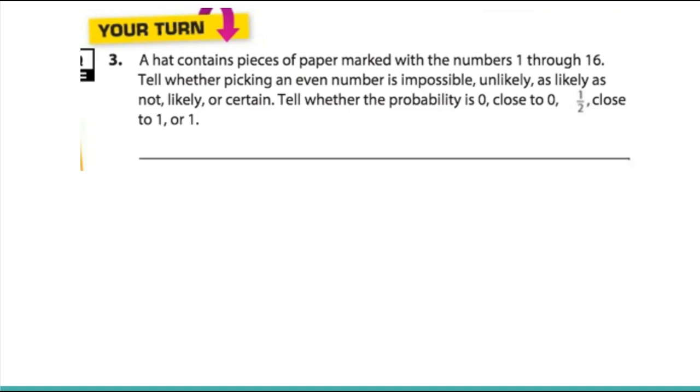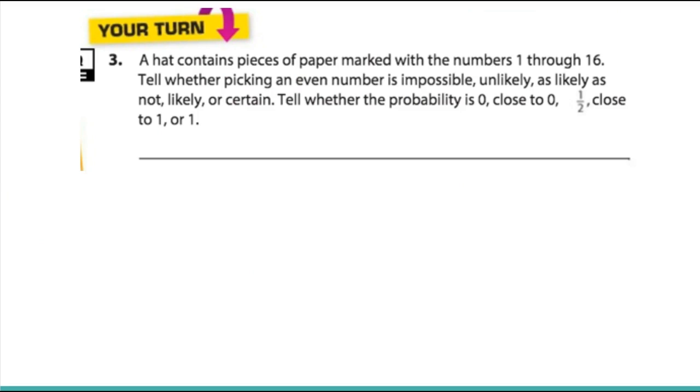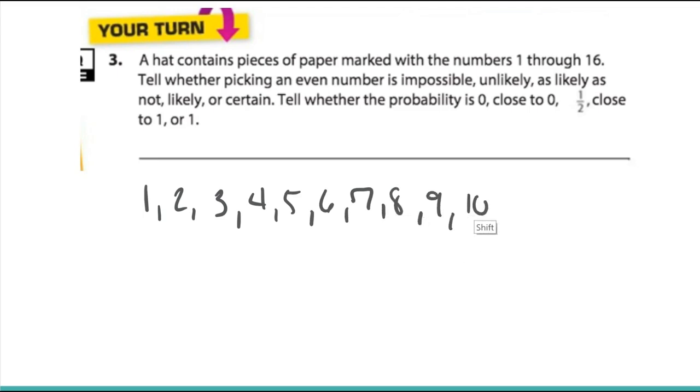So if we have a hat with the numbers marked 1 through 16, that means our sample space is the numbers 1 through 16.